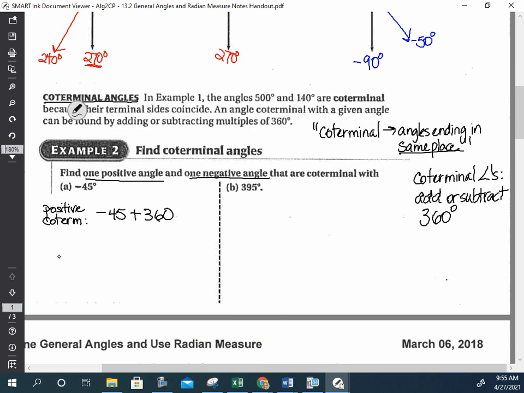Take the angle that they gave you, add 360. Do that, you get 315 degrees. So that's your positive. That's your answer, the positive angle. To get the negative coterminal, you take the angle that they gave you and you subtract 360.